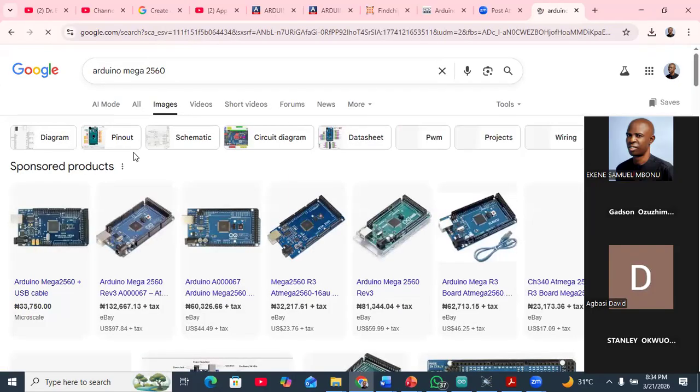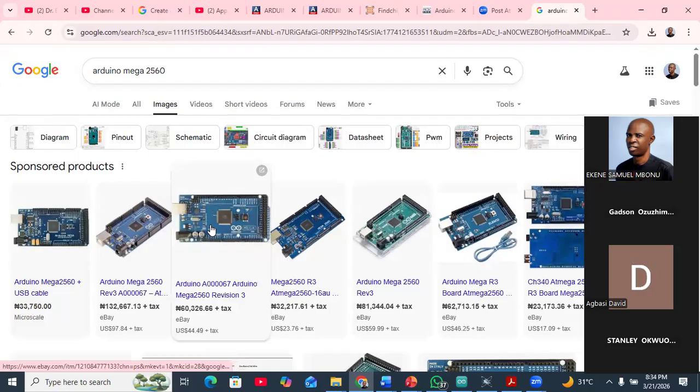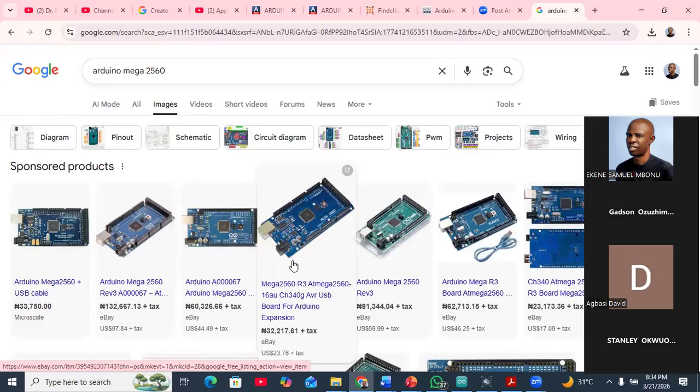Different from Arduino Uno, but they belong to the same family. Of course, you can see that the price is different. So these are the things we get to know. We need to keep abreast with technology.